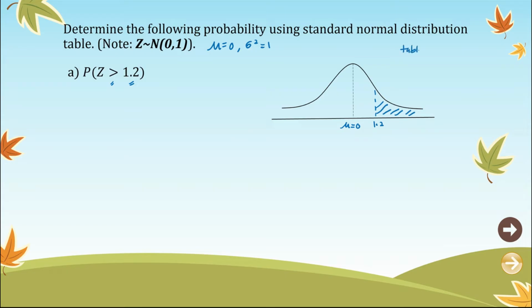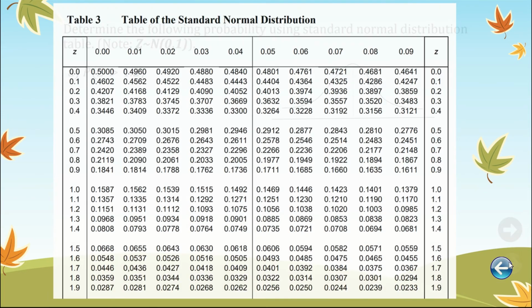So please remember that our table represents probability for Z greater than z. So when we read the table at 1.2, we will get the value for P(Z greater than 1.2). Let's read the table. First, we read at the first column on the left side, 1.2.